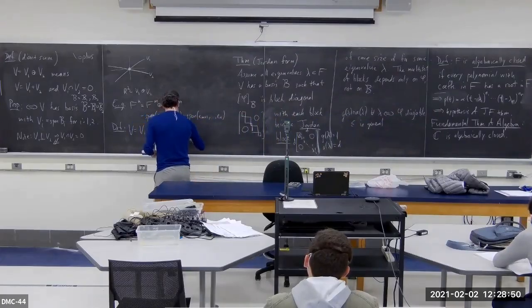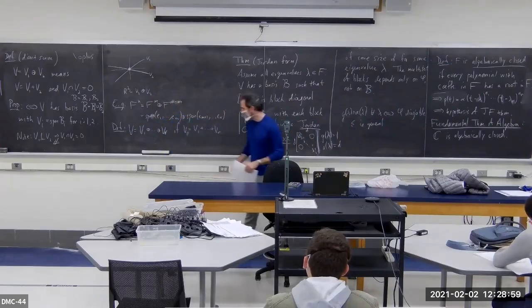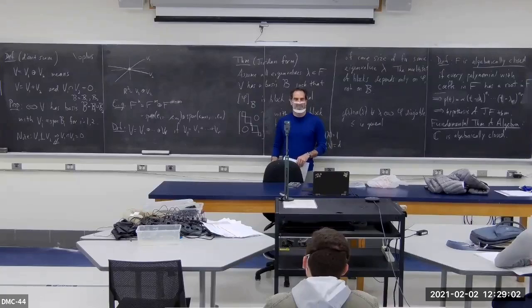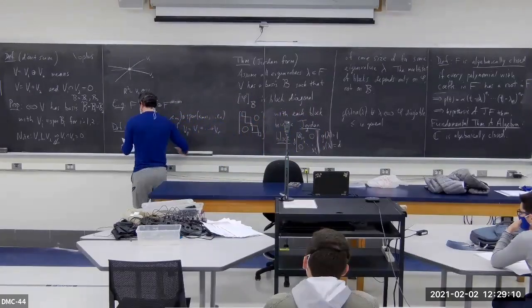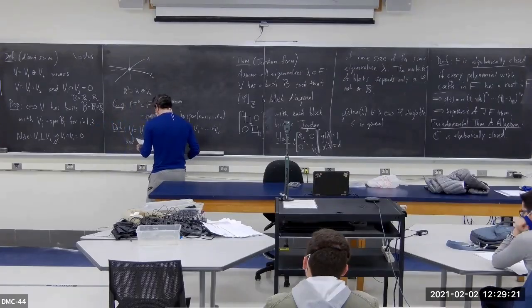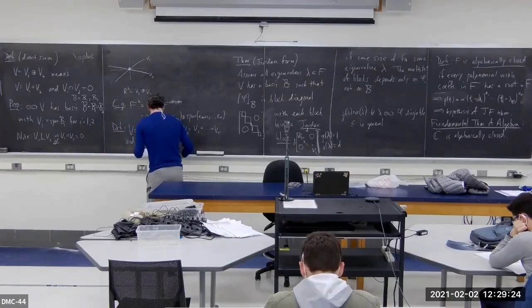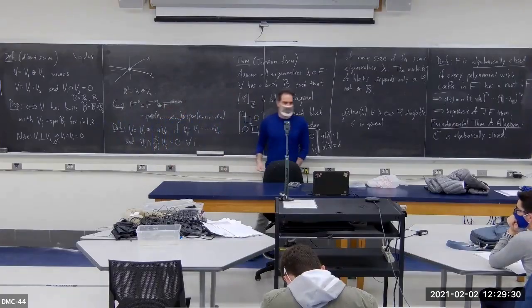That's if V is V1 plus through VR. So everything in the vector space V can be written as a sum of vectors, one in each of the Vi's. And we want that Vi intersected with the sum of all Vj, j not equal to i, to be 0 for all i.